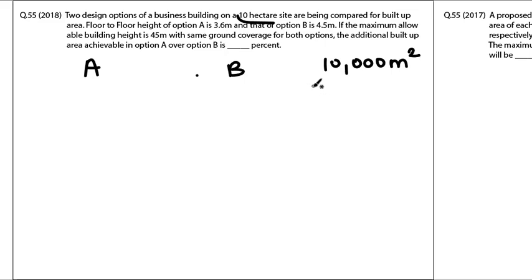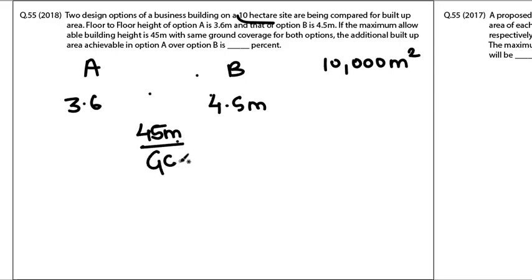Floor to floor height is 3.6 meter in case 1 and 4.5 meter in case 2. If the maximum allowed height is 45 meter, so 45 meter is the total available height of the building, and ground coverage is same for both the options. Now the additional built up area achievable in option A over option B is dash percentage.